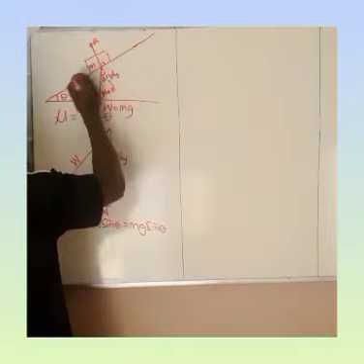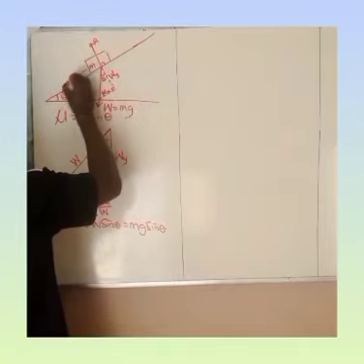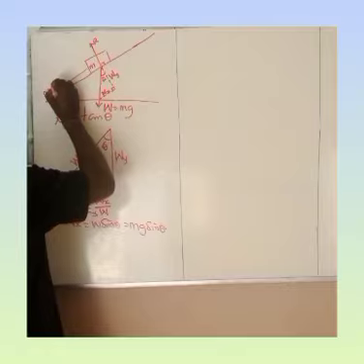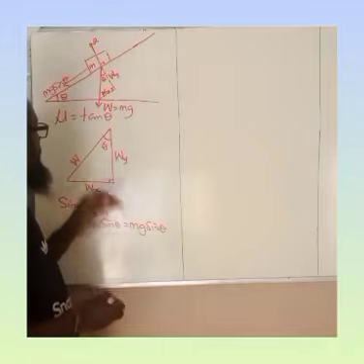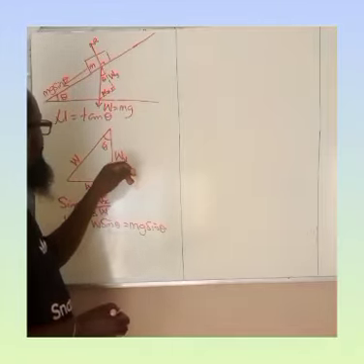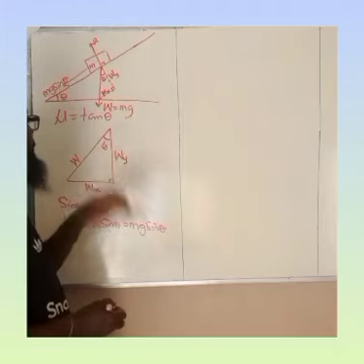Now, which is this one? Let us transfer it to this place. Here we have mg sine theta. Now, what next? Let us find the component of this weight that is perpendicular to the plane.